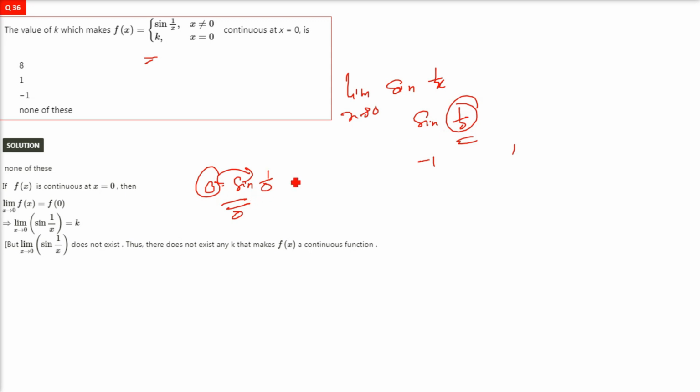I'm not denying that. But inside, 1 by 0 is not acceptable. So as x tends to 0, sin 1 by x does not exist. Thus, there does not exist any k for f(x) that makes it a continuous function. So none of these is the answer for this particular question, which was not the case in the previous question, remember.